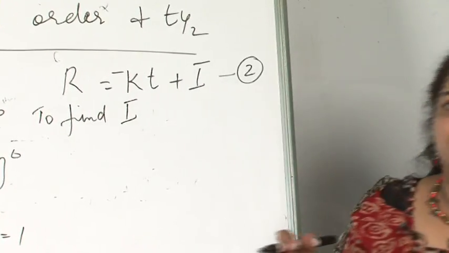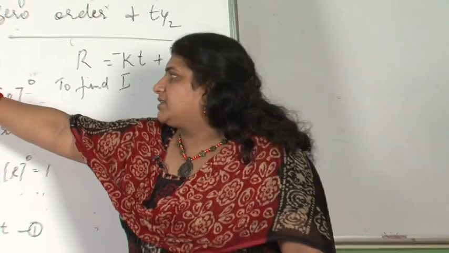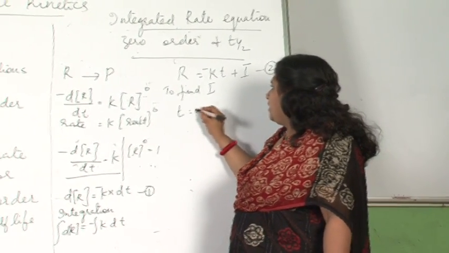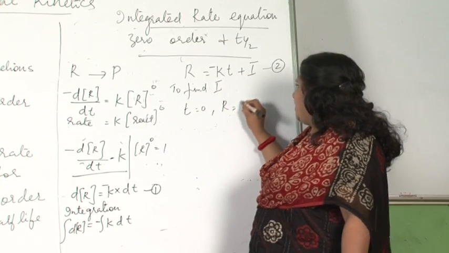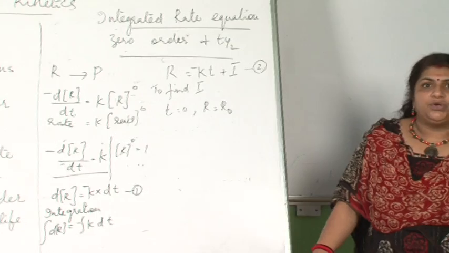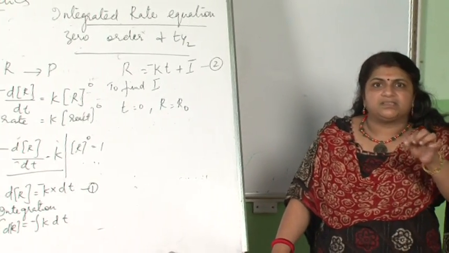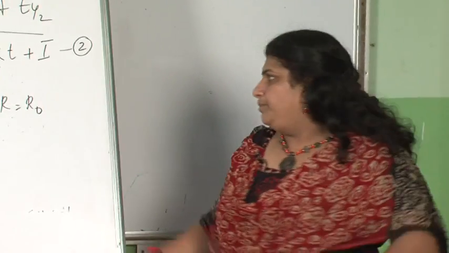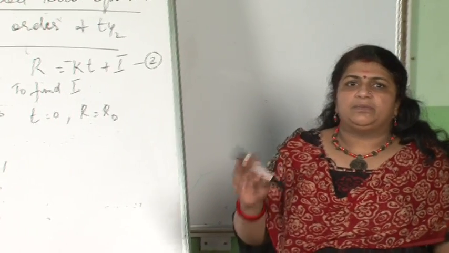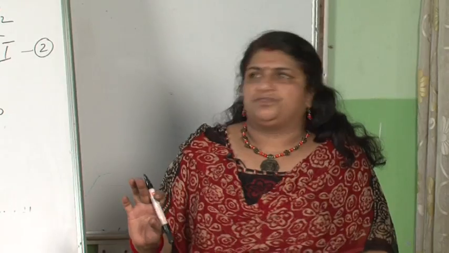suppose the initial concentration of the reactant is R0. At time 0, R is R0. What is the meaning of time 0? When the reaction just begins, we take the time as 0. R is the concentration of the reactants, which will be taken as R0 at the beginning of the reaction.